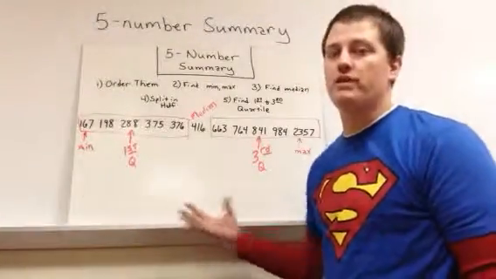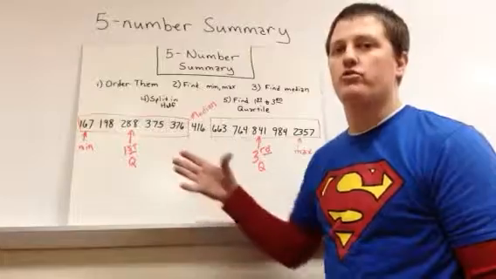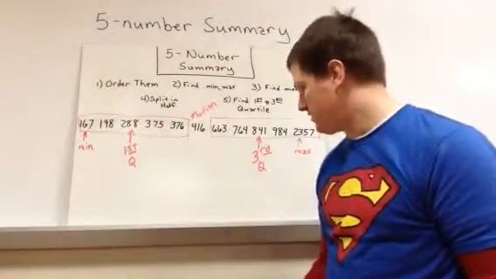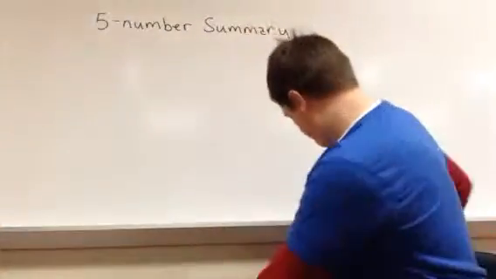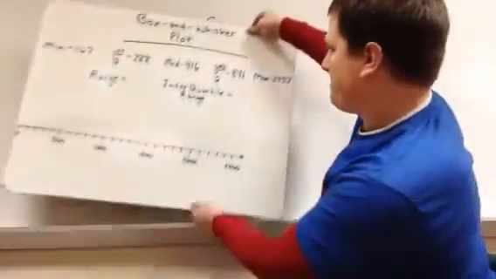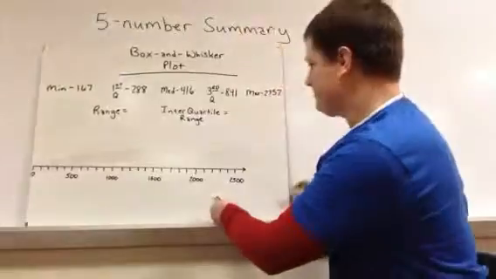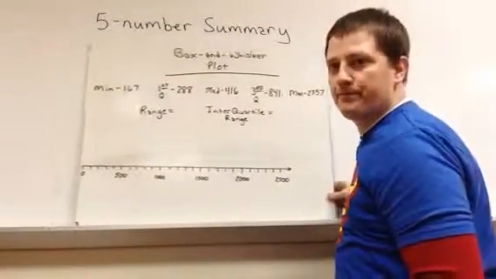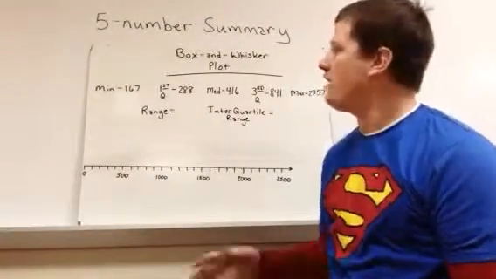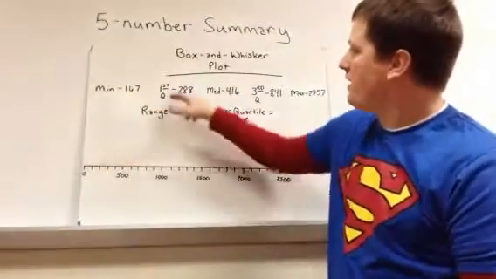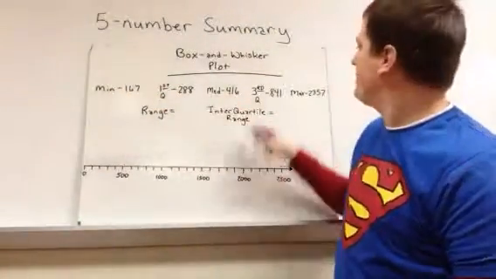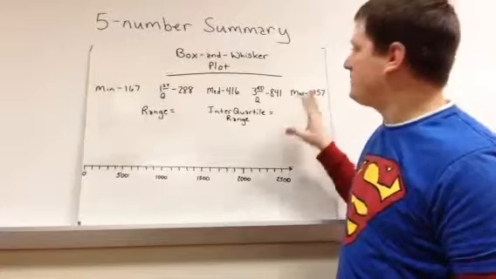Now we can use these 5 things to make a box and whisker plot. What I now have is all our data. So I have our minimum, our first quartile, median, third quartile, and our maximum drawn out.